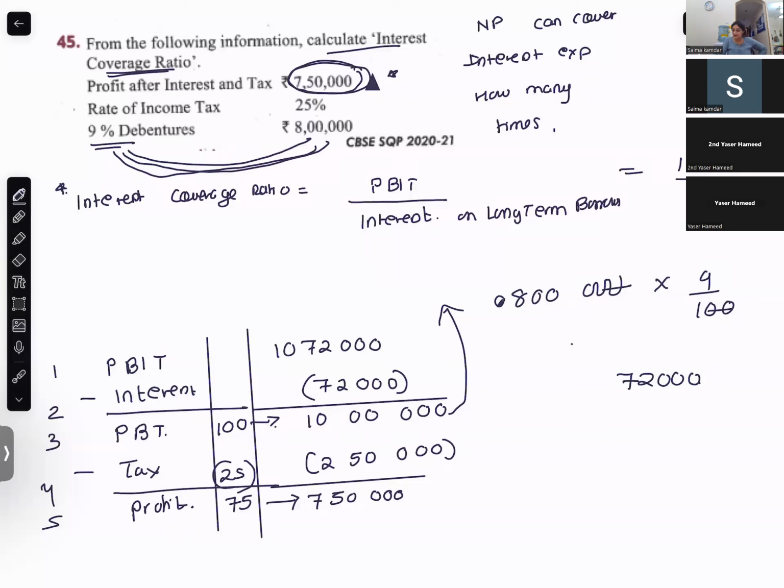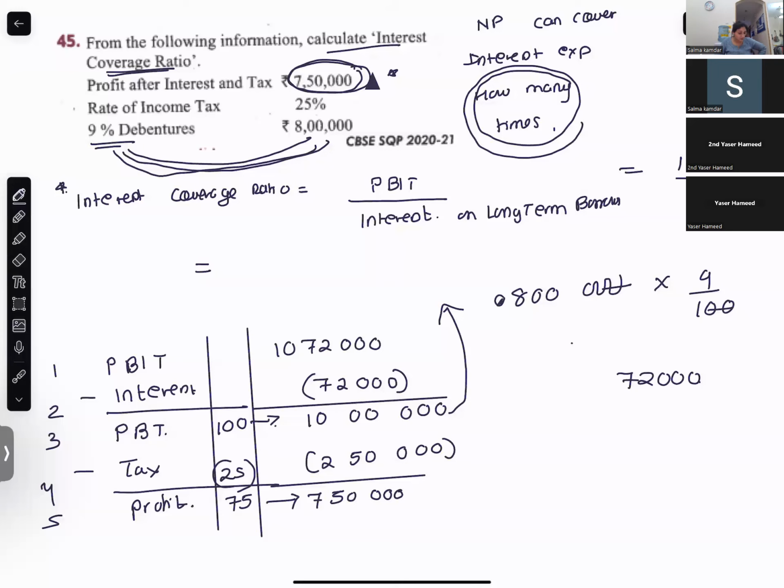Interest coverage ratio tells me how many times my profit will cover interest. So how many times? 10,72,000 divided by 72,000. I will cancel the 3 and 3. 2 3s are 6. 2 6s are 12. 2 5s are 10. 2 3s are 6. 2 6s are 12.